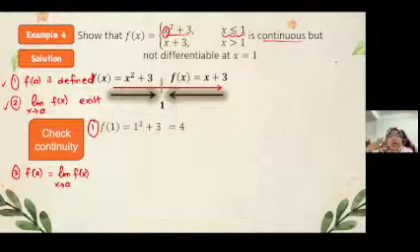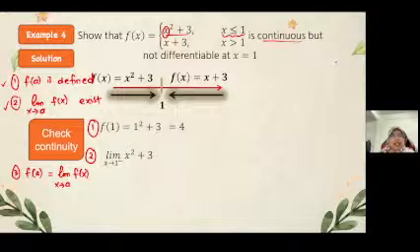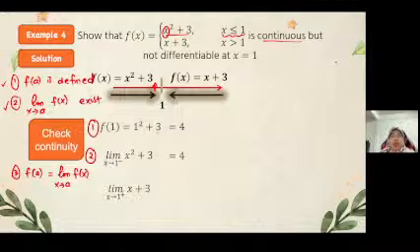Okay, the second one, we have to check the limit from the left hand side of 1 and the right hand side of 1 and make sure we have the same value. What is the limit for x approaching 1 on the left hand side? On the left hand side, we are going to use x squared plus 3 because that is on the left of 1. So substitute x with 1, we are going to get 4. Do the same thing to calculate the limit for x approaching 1 on the right hand side, but this time the function must be x plus 3.